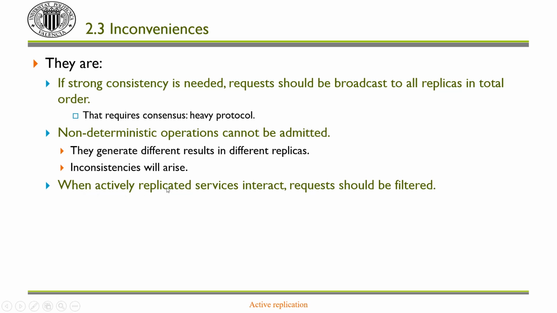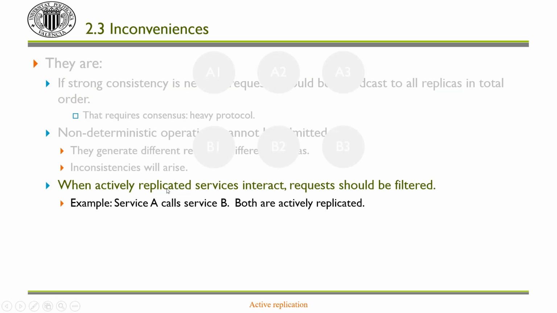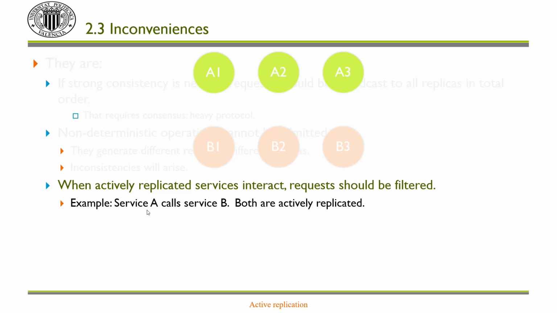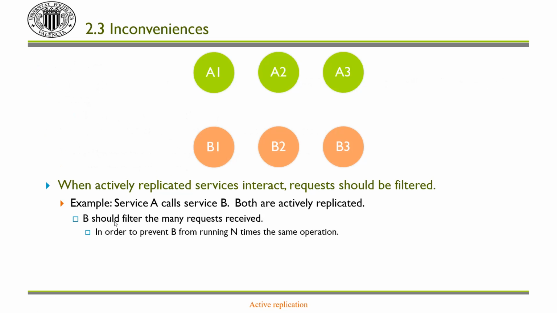When actively replicated services interact, requests should be filtered. Let's see an example. Let's imagine that service A calls service B, and that both are actively replicated. So, here, if A calls B, B should filter the many requests that it will receive.